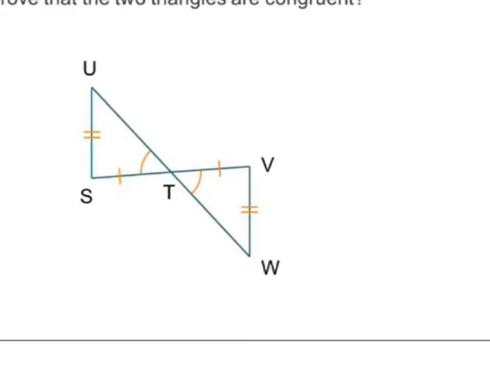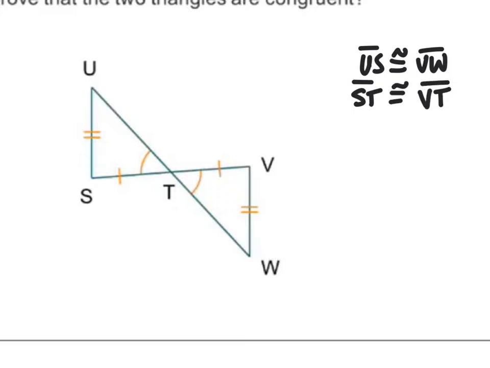Now what you have, even though you have these statements of US is congruent to VW, ST is congruent to VT, and angle STU is congruent to angle VTW, here's the problem.